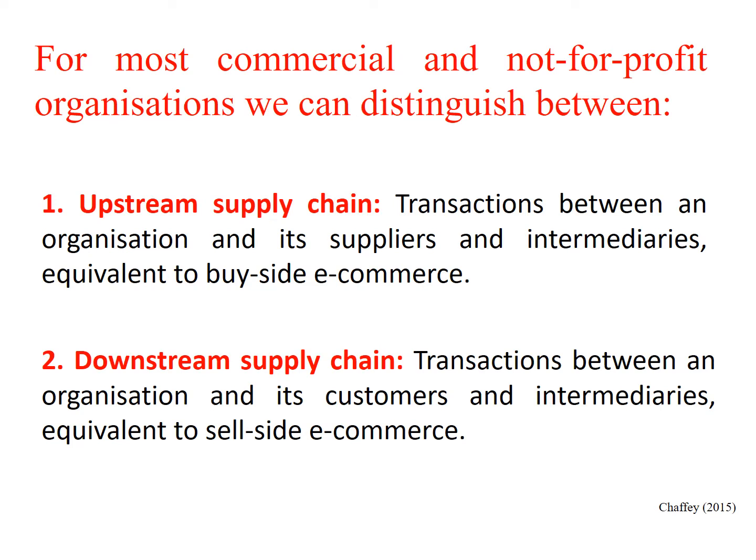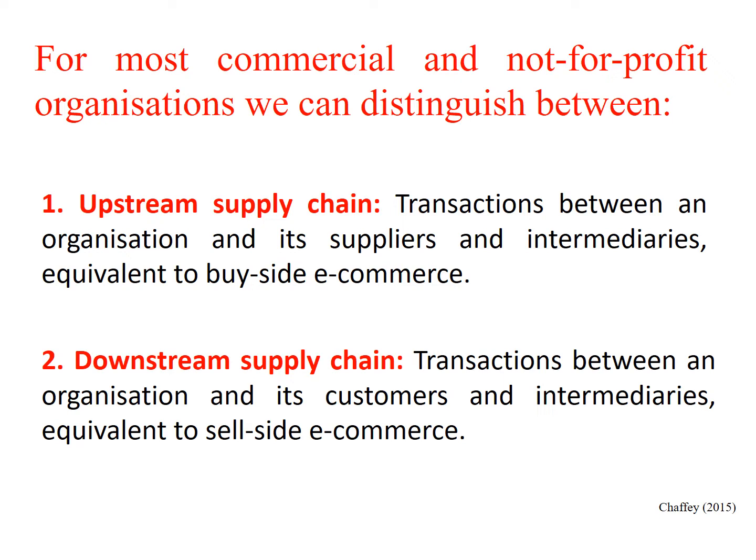So for most commercial and not-for-profit organizations, we can distinguish between upstream supply chain and downstream supply chain. When we're talking about the upstream, we're talking about transactions between an organization and its suppliers and intermediaries, equivalent to buy side of e-commerce.